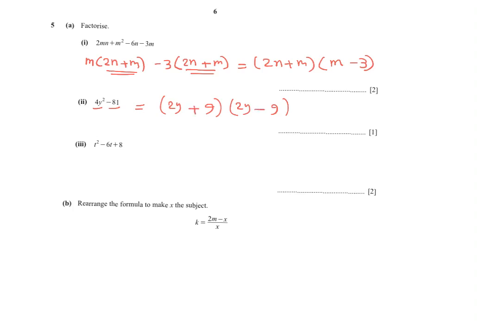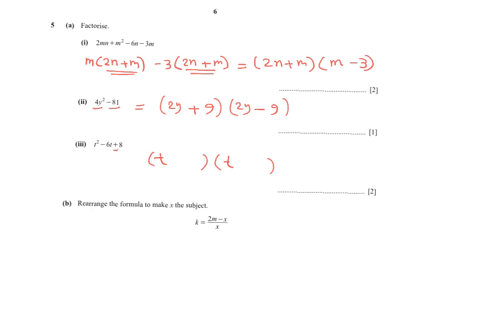The last one, you have a trinomial and no common factor between the terms, and the coefficient of t squared is 1, so this is simple, just two brackets. How to get t squared? t times t. The last sign is positive, so find two numbers. We have positive 8.